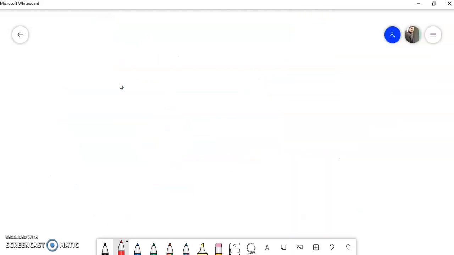So in summary, what we have seen in this video, we have seen the open chain structures of ketoses. Ketoses are the carbohydrates in which there is a carbonyl group at carbon number 2.